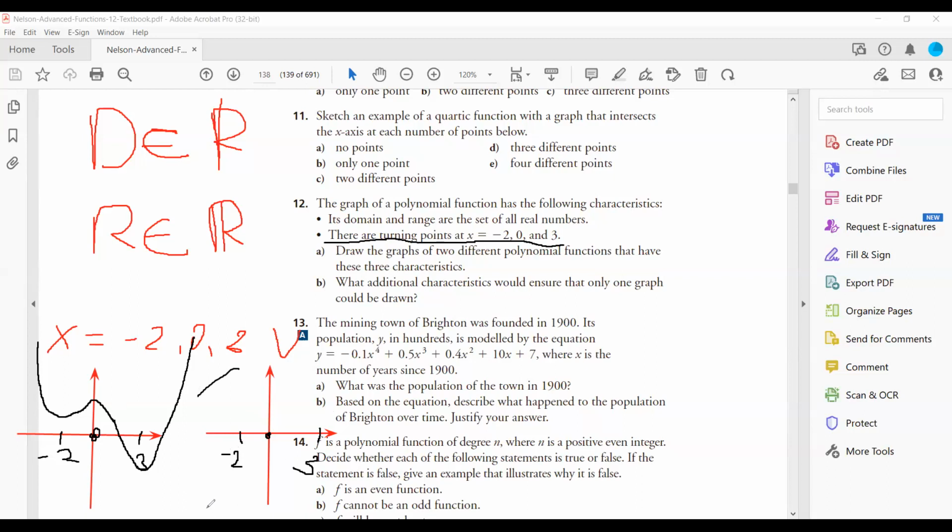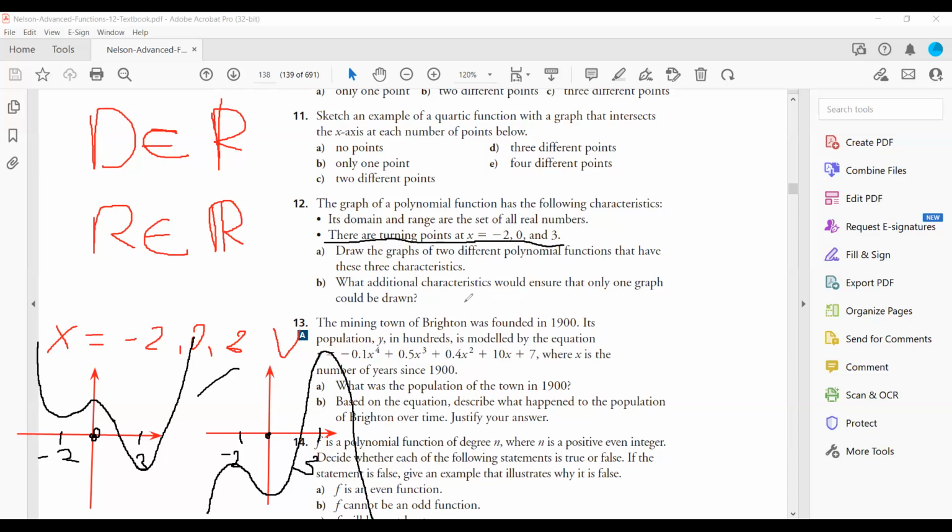And for the second possible graph, why wouldn't I start from negative infinity? Again, a turning point here, and let's say a turning point. You see, I sketched 2 graphs of a polynomial function that both correspond to the given characteristics.